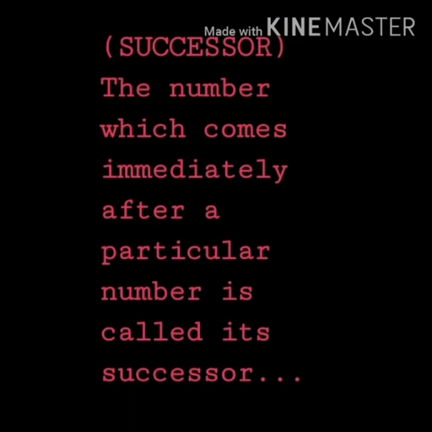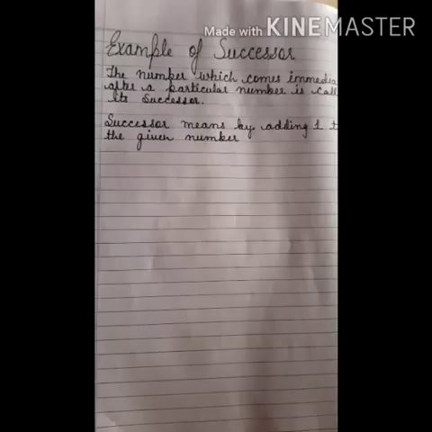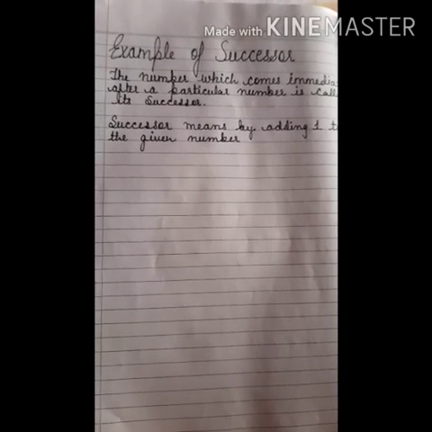So children, with the name successor, you can make out that success means to move ahead, to move forward. Like this, in successor, we have to move one step forward. We can say it also that successor means adding 1 to the given number. Now children, let us take some examples of successor.